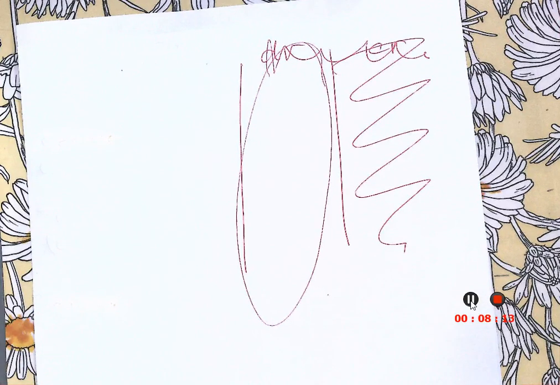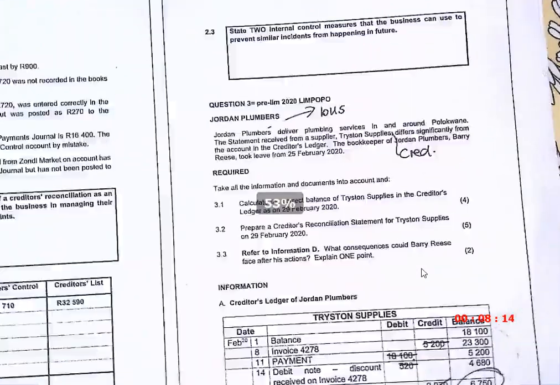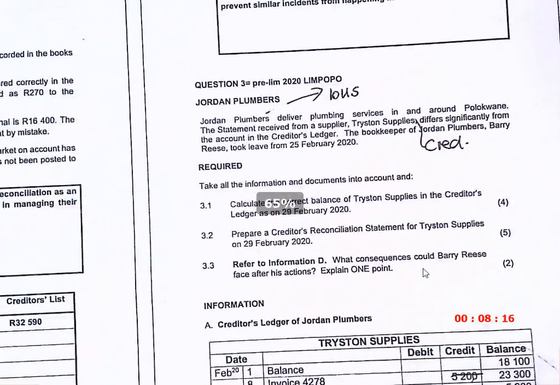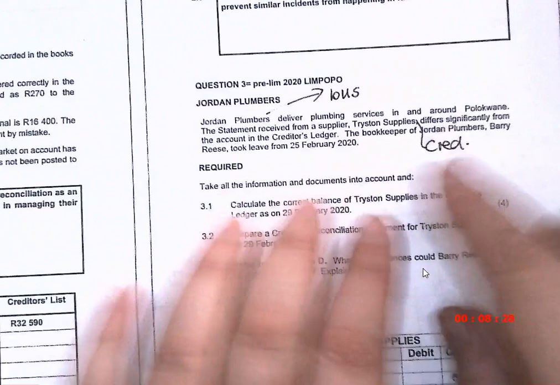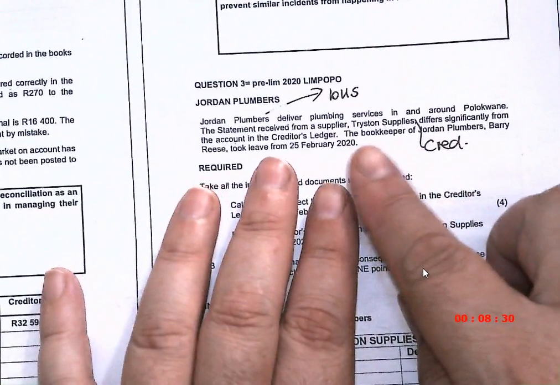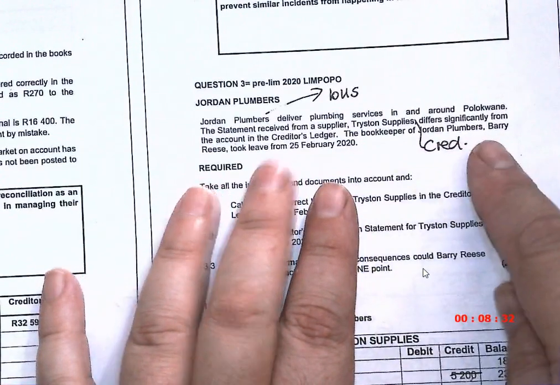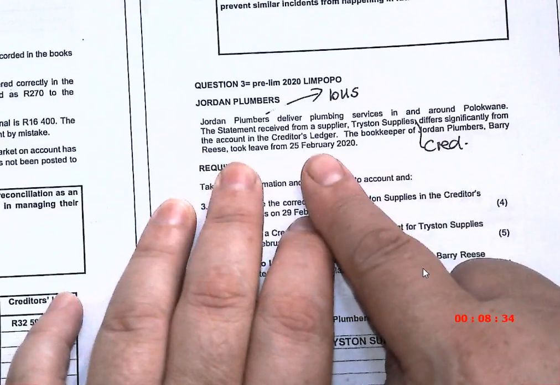Barry did wrong. First of all, remember that 18,100. Barry had to pay the creditor. Did Barry pay the creditor? So let's just quickly see what happened. They say here the bookkeeper, Barry, took leave from the 25th.